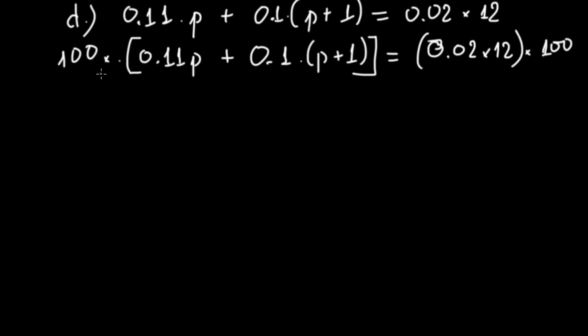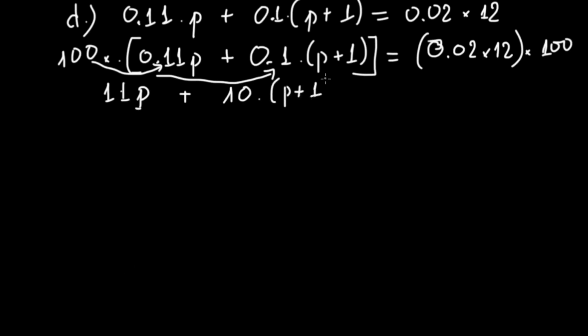Now we see the left hand side, 100 times 0.11p equals 11p right here. And then 100 times 0.1, you got 10 times (p plus 1). You put them down, right?